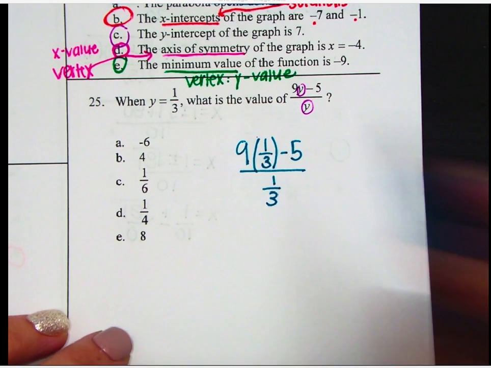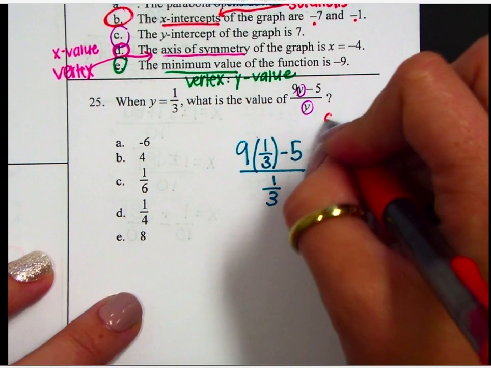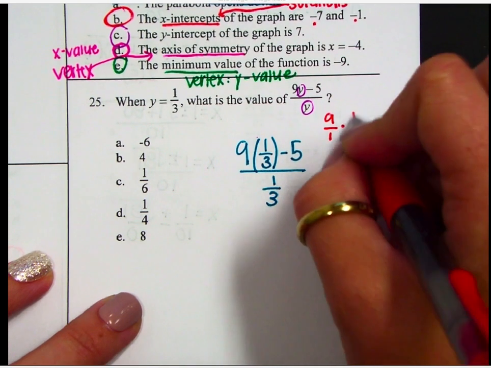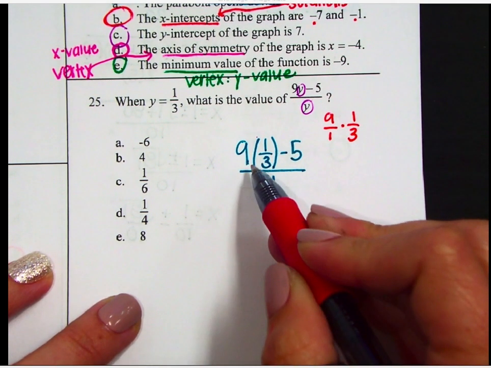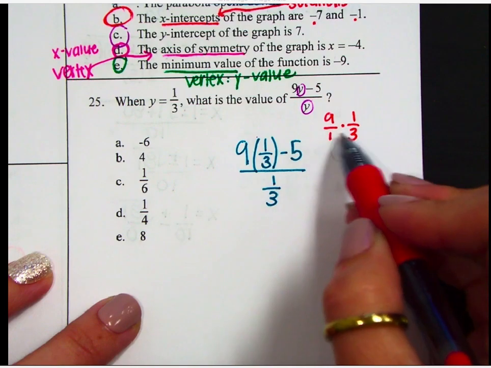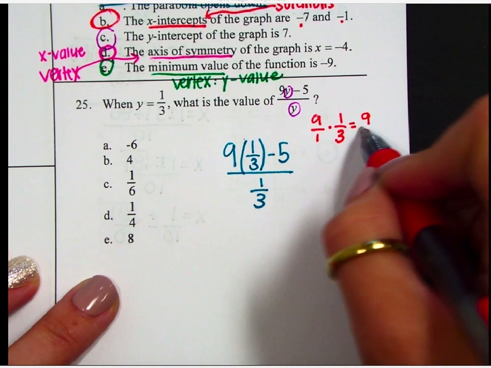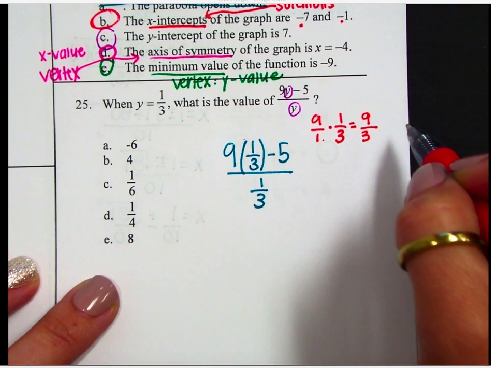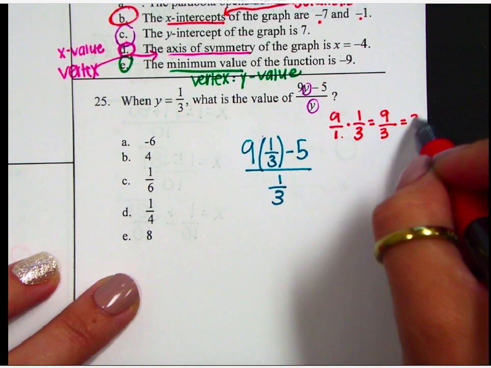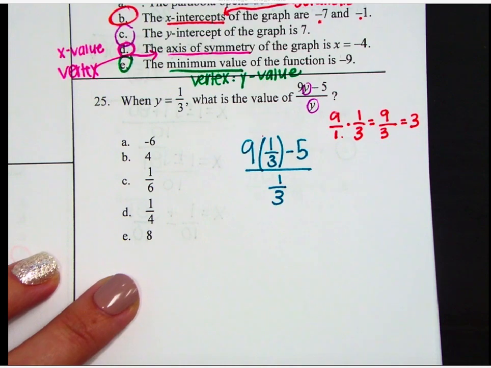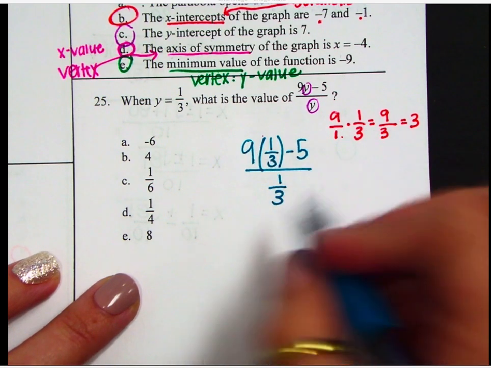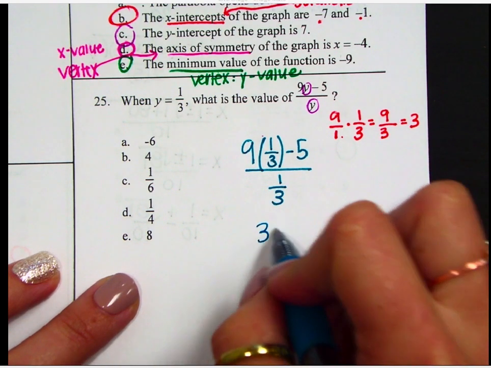So 9 times 1/3, we're going to be multiplying 9 times 1/3. I put a 1 underneath the 9 to make the whole number a fraction. Multiplying across, 9 times 1 is 9, 1 times 3 is 3, and 9 divided by 3 is 3. So on the top of this, 9 times 1/3 gives us 3.